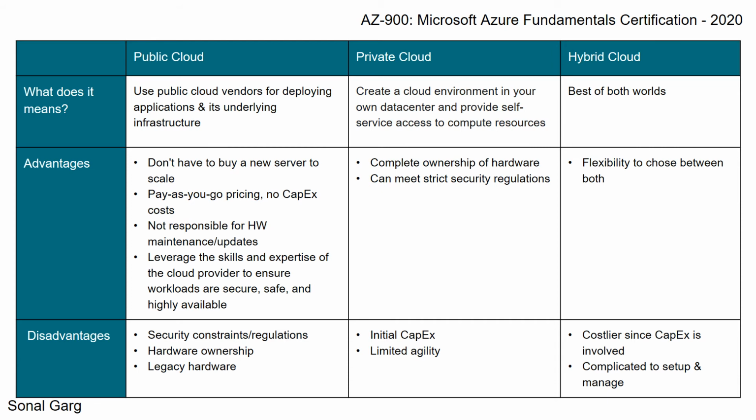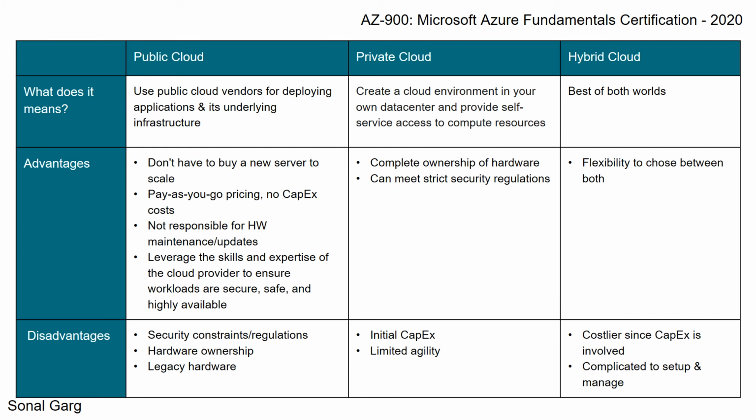So that's where the third model comes in, which is a hybrid cloud. You use the best features of both worlds, public cloud and private cloud. And the advantage is you are flexible to choose between the both. You can host some of the applications which you feel can go to the public cloud on the public cloud.